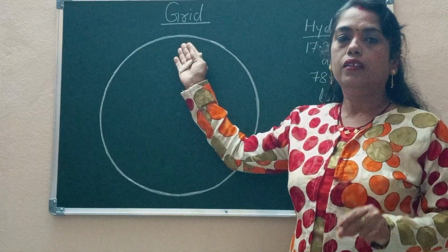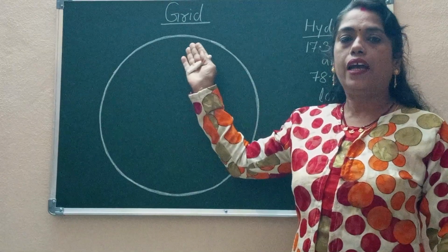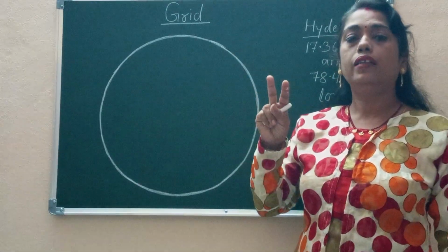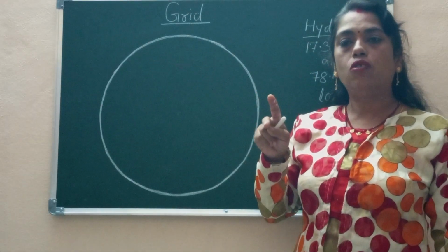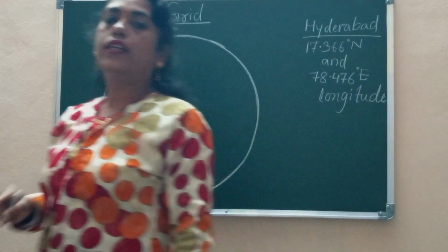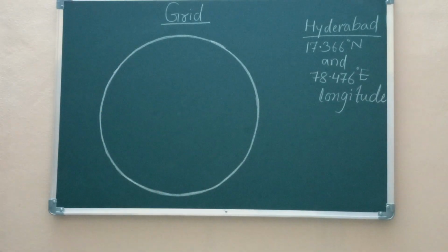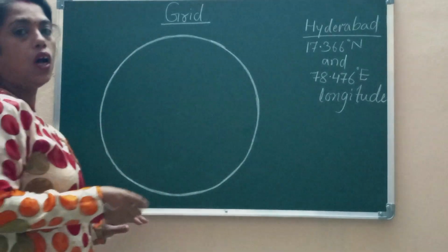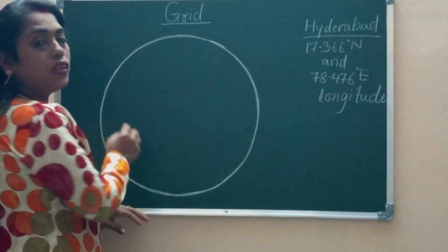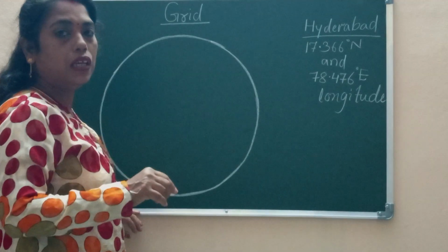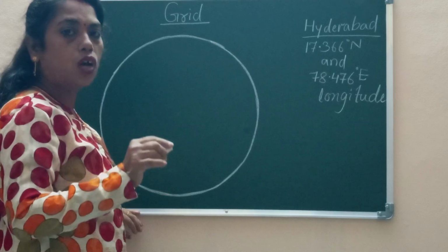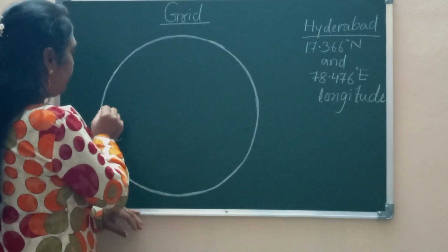The grid combines two sets of lines, the lines of latitude and the lines of longitude. So let us see. Now I am going to draw the lines of latitude first, and after that, in the same circle, I will draw the lines of longitude.